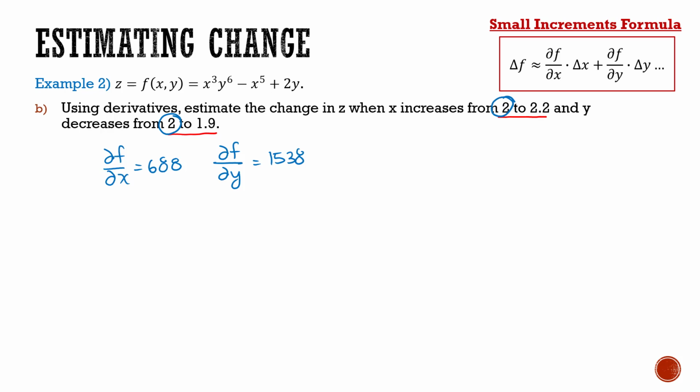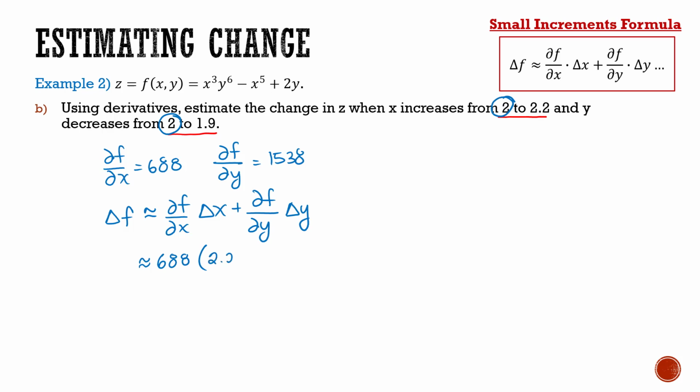Now I'm going to approximate my change in f using the small increments formula. df by dx is 688, and my change in x is going to be the new value of 2.2 minus the old value of 2.0 for a change of positive 0.2. df by dy is 1,538, and my change in y is going to be my new value 1.9 minus my old value of 2 for a change of negative 0.1.